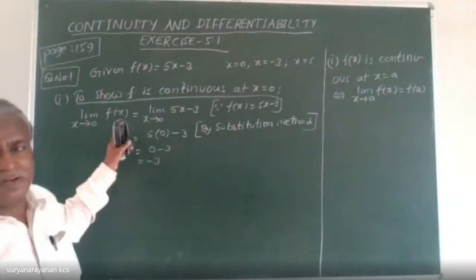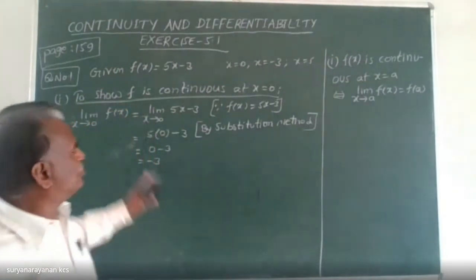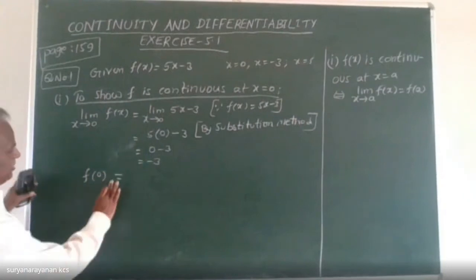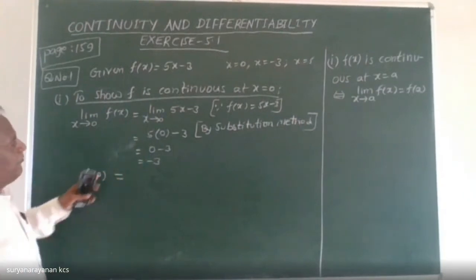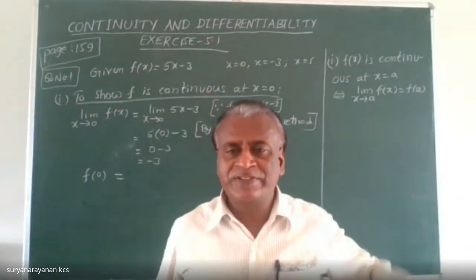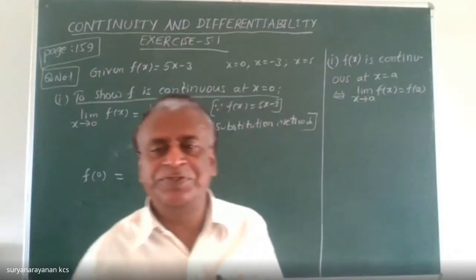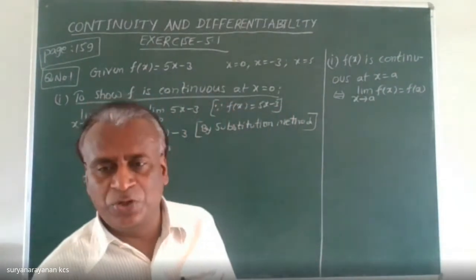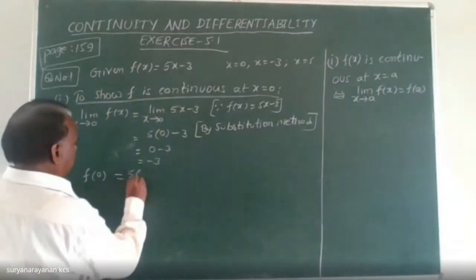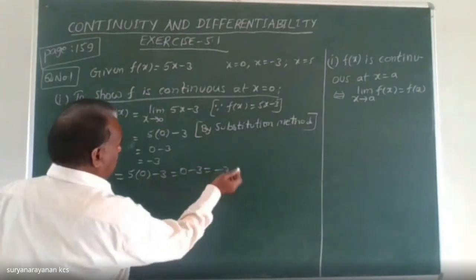So we found the limit of this function as x tends to 0. Now f of 0. What is meant by f of 0? You have to find the value of f of x at x is equal to 0. Here also we substitute, replacing x by 0. So 5 into 0 minus 3, that is minus 3.